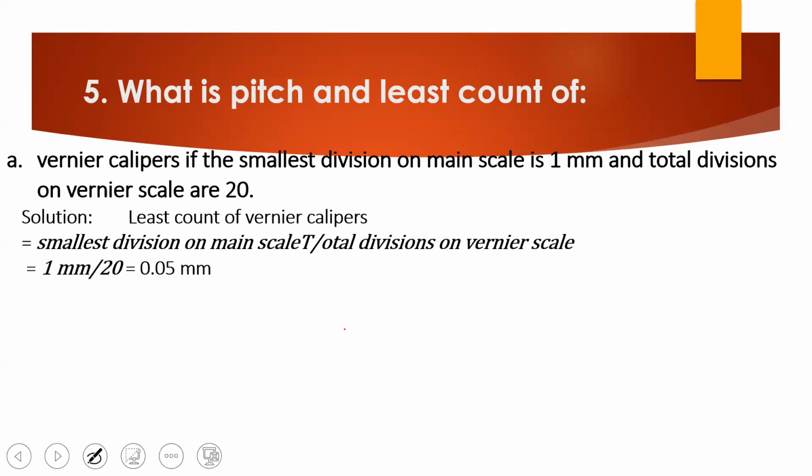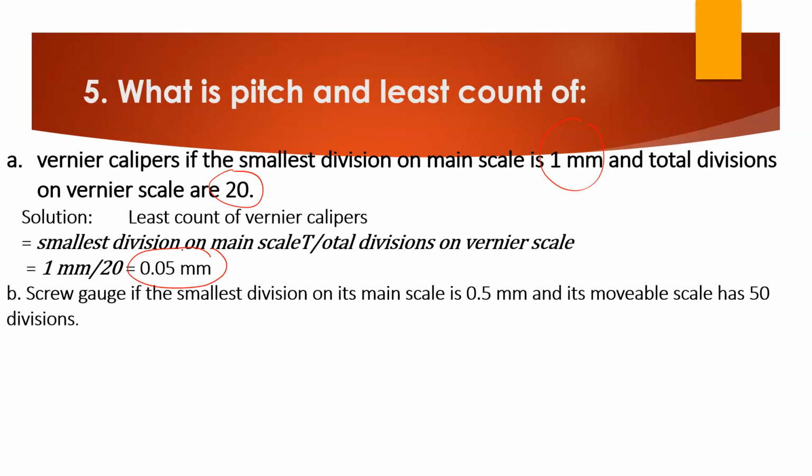The smallest division on the main scale is 1 millimeter, as mentioned here, and the number of divisions on the vernier scale is 20. So we will divide 1 millimeter by 20, and we will get 0.05 millimeter. This is what is called the least count of the vernier caliper.